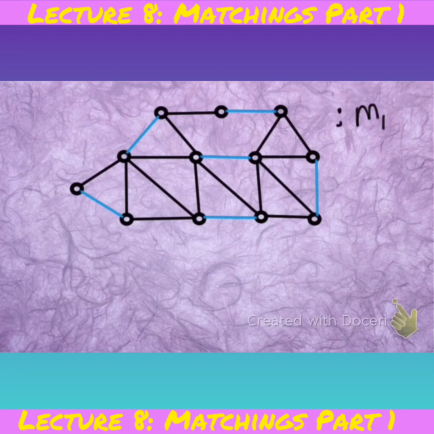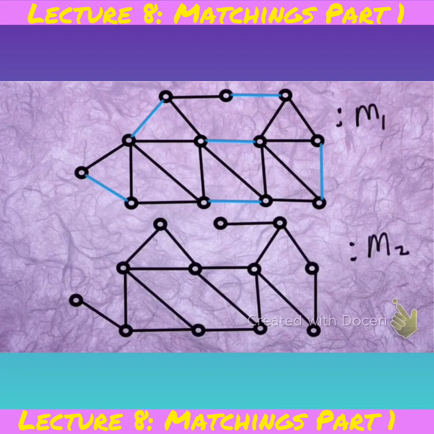That's M1. And then we've got M2, which is this matching here. Note that the red edges are all independent. They don't have any shared vertices.